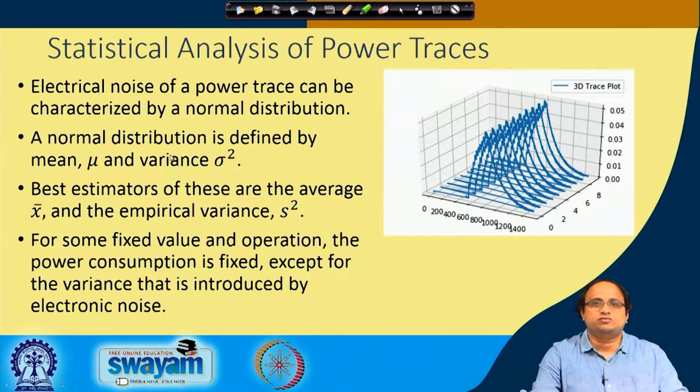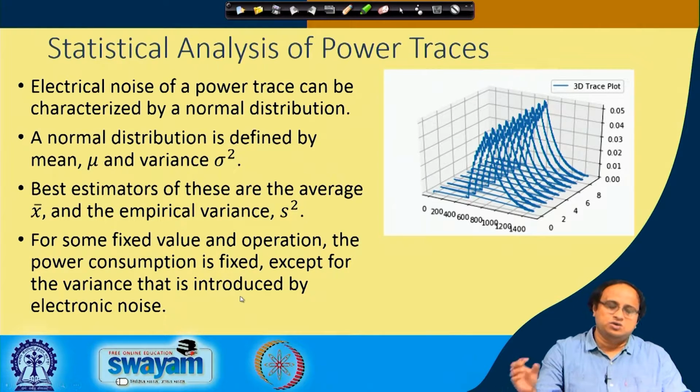As you know from statistical theory, you try to develop estimates for these parameters. For example, average or x bar is an estimator which is used for the mean, and likewise the empirical variance or S square is used as an estimator for the variance or sigma square. Now, for a fixed operation, the power consumption is fixed except for the variance that is introduced by the electrical noise.